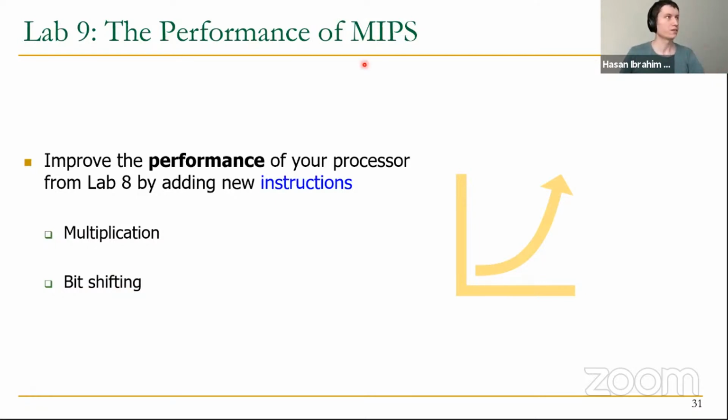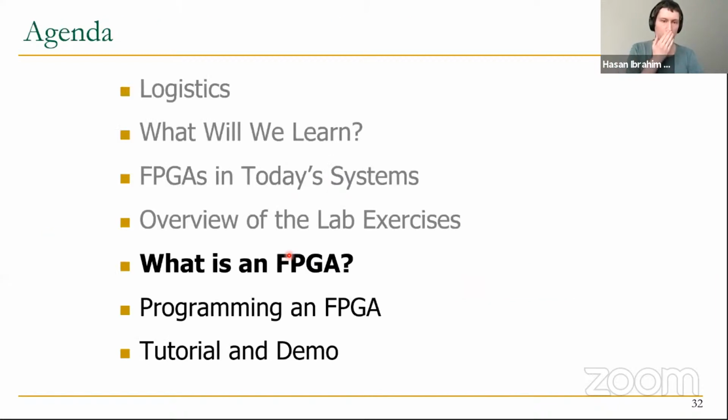But here in lab 9, we will implement these two instructions to make things faster, to perform the multiplications much faster than we can do with addition, for example, by running addition multiple times.